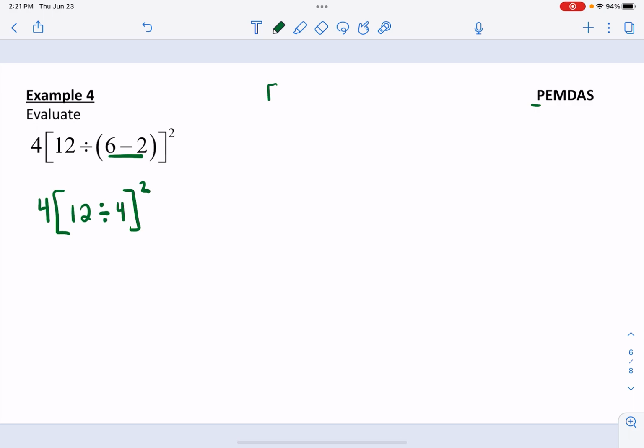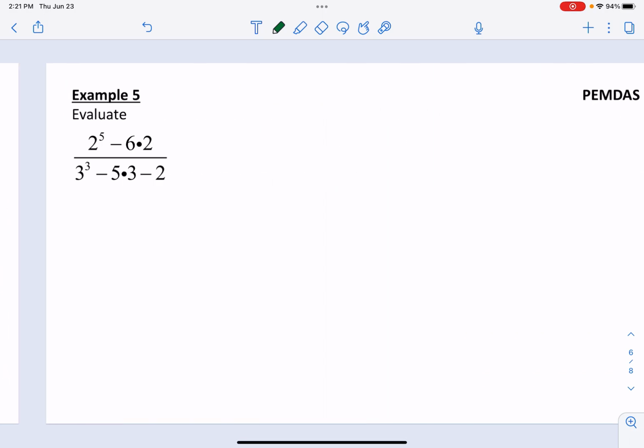Brackets are just a fancy parentheses, so they act the same. So I do 12 divided by 4, which is 3 squared. So now I've done all of my parentheses. I move on to my exponents. 3 times 3 is 9. And then I multiply, and I get 36.